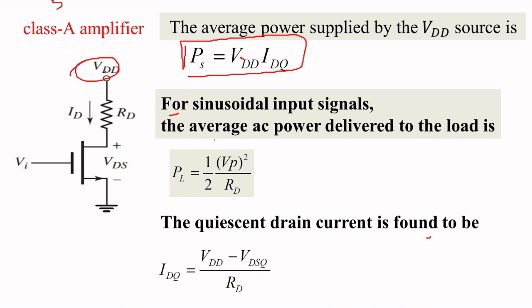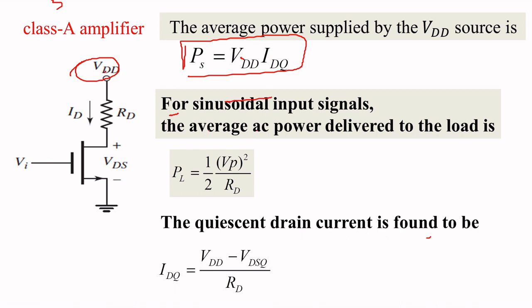Now let me go for the sinusoidal input signal. What is the average AC power delivered to the load? Repeating again, what you want to find is the average AC power delivered to the load.